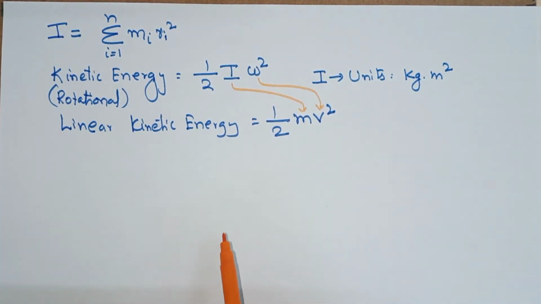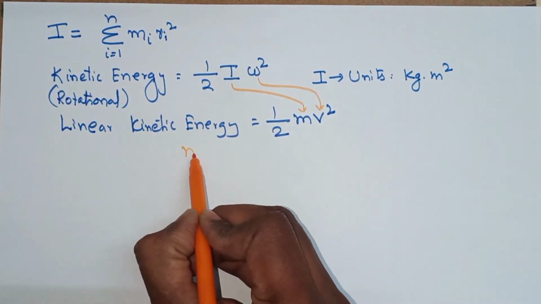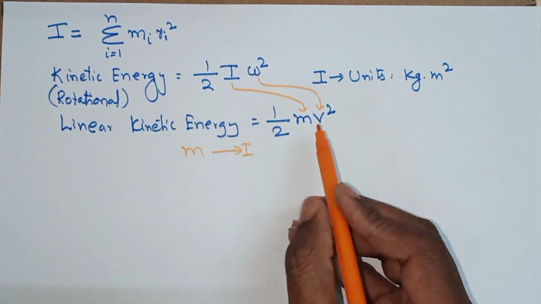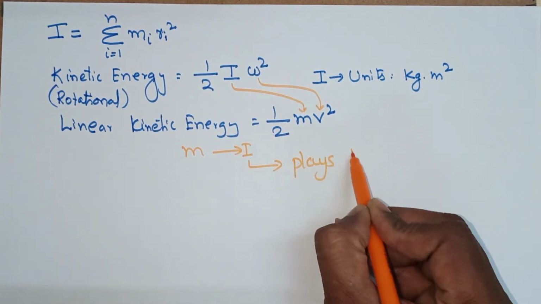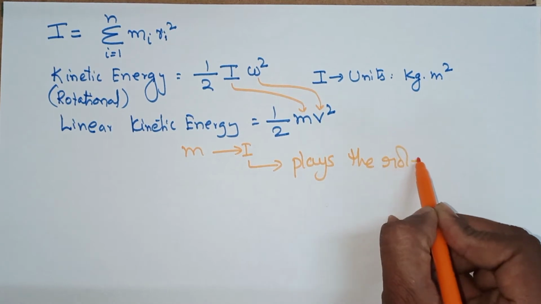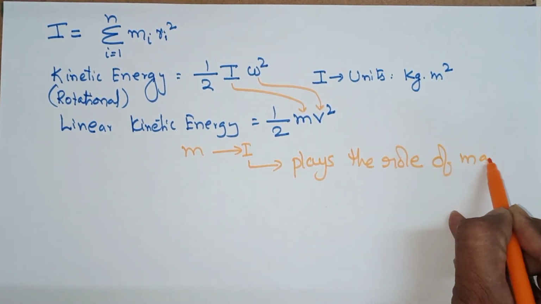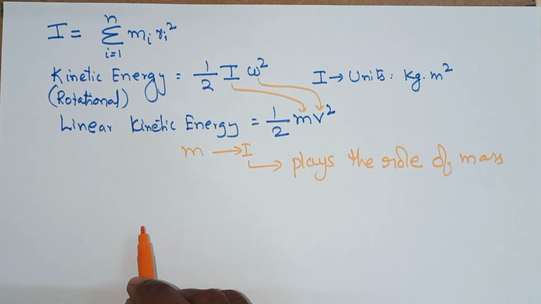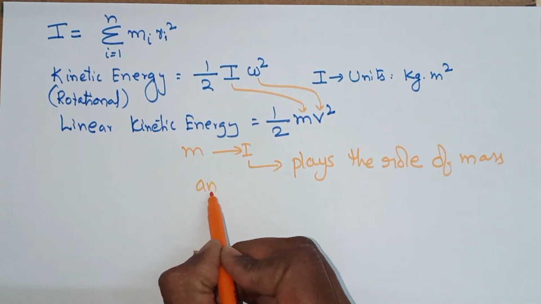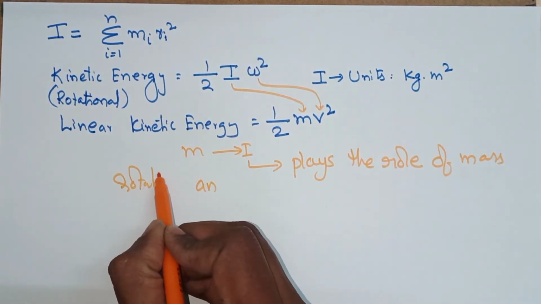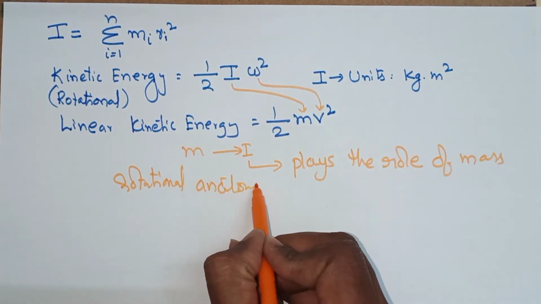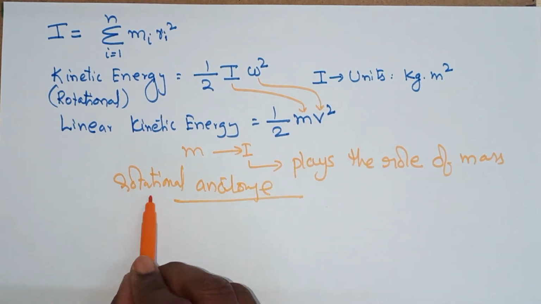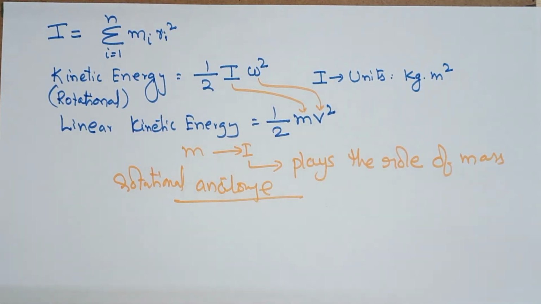So the rotational analogy of mass is clearly observed as I. So I plays the role of mass. So the equivalent rotational analogy of mass is I.